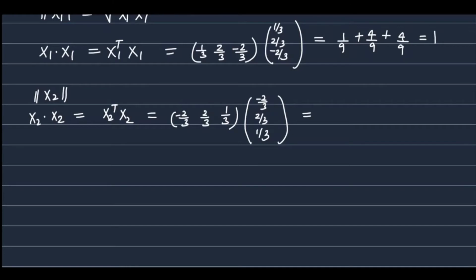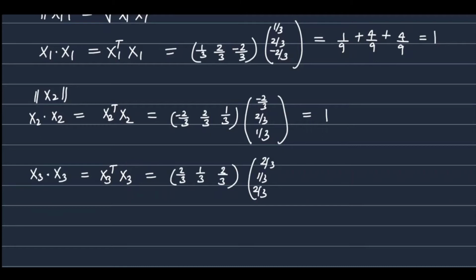Again we will get its dot product as 1, and similarly we will get x3 dot x3, which is x3 transpose x3, that is 2 by 3, 1 by 3, 2 by 3, times 2 by 3, 1 by 3, 2 by 3. Again, when we do the matrix multiplication, we see that it is equal to 1.